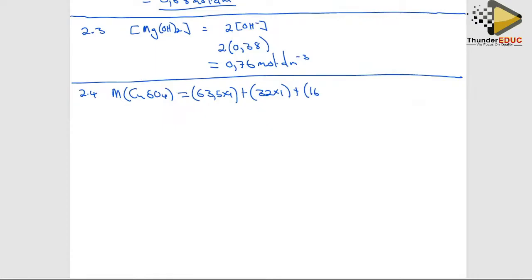That is going to give me a total of 159.5 grams per mole.